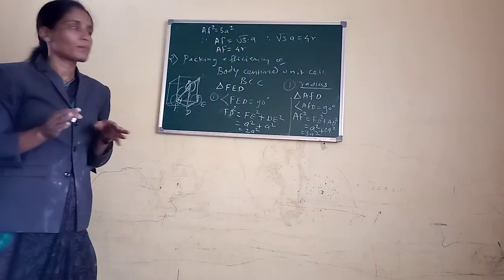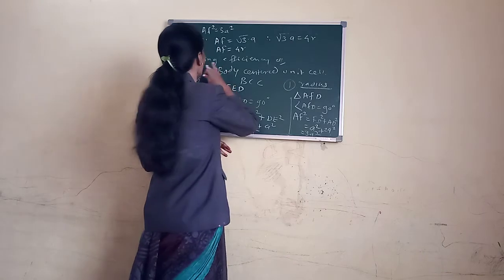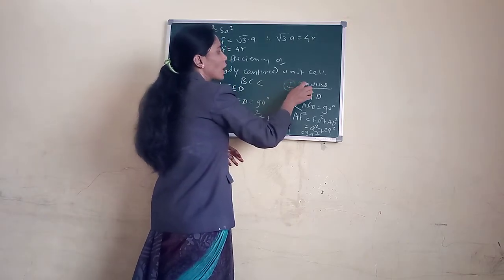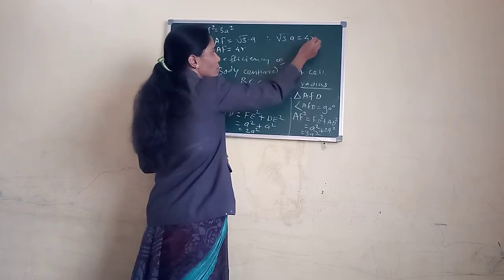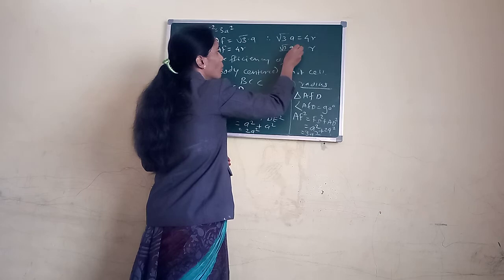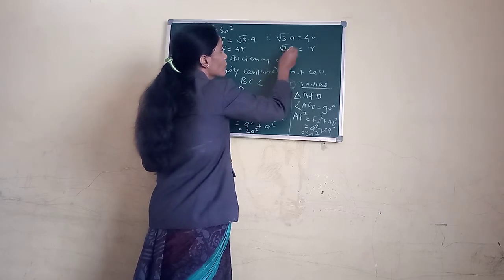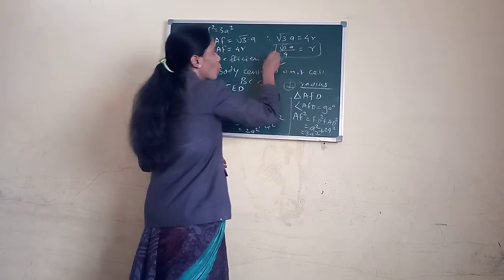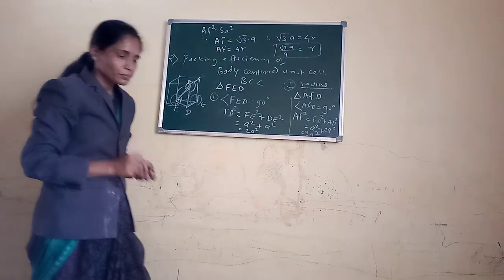First step of calculating packing efficiency is to calculate the radius R. R is equal to under root 3A upon 4. This is the formula for radius of sphere.